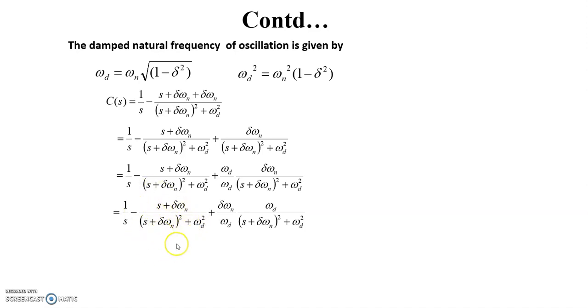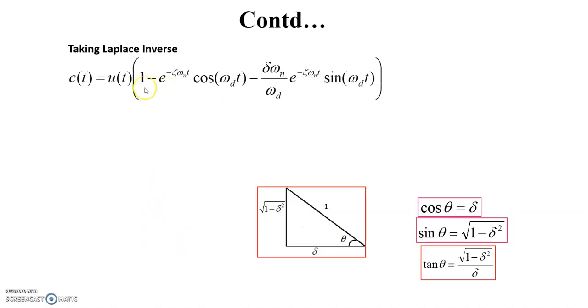So the cos equivalent is 1 minus e power minus zeta omega n t cos omega d t. Similarly, this one is e power minus zeta omega n t into sin omega d t.